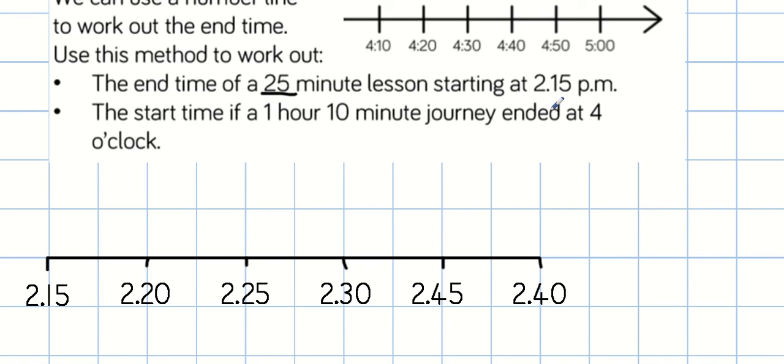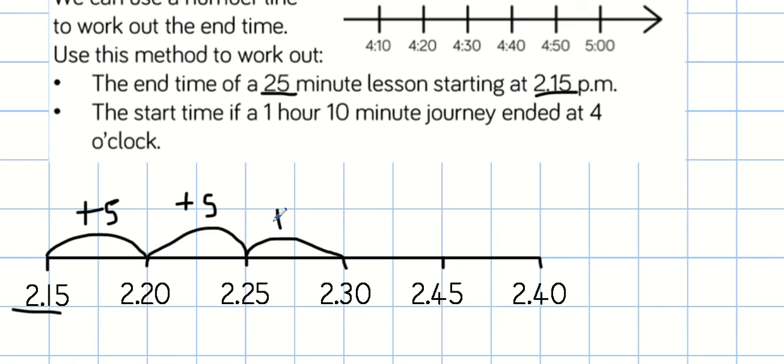So I'm starting at 2:15, and I know I need to go up, it's a 25-minute lesson. So that's going to be 5 minutes of my 25. It's going to be 10 minutes of my 25, because 5 add 5 equals 10. It's going to be 15 minutes of my 25.